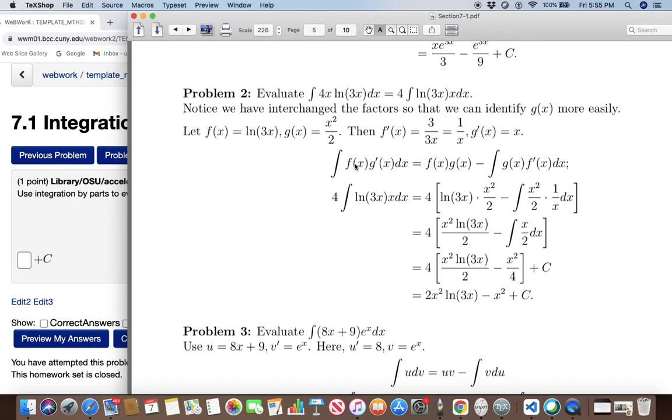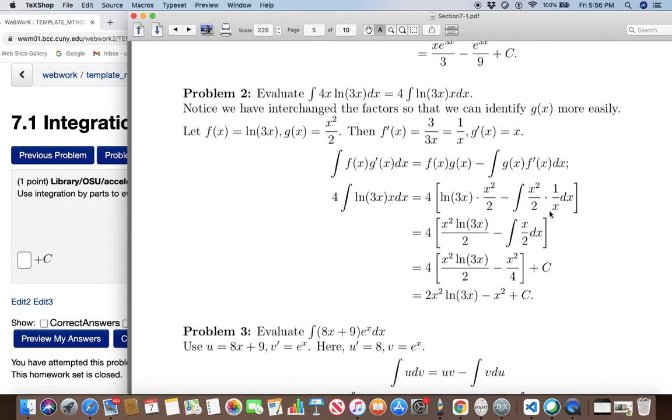Natural log 3x is f. x is g prime. So here, fg, natural log 3x times x squared by 2 minus integral g f prime. g is this quantity. f prime is 1 over x, derivative of natural log, you see.